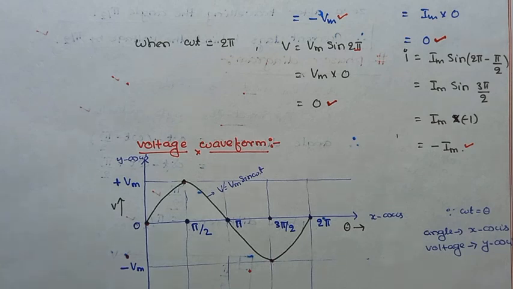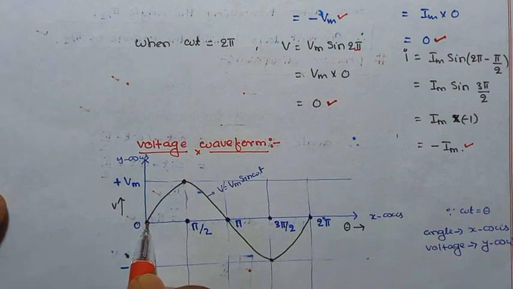Now we'll draw the voltage waveform and current waveform. Just now we calculated that when omega t is 0, V is 0. When omega t is pi by 2, V is the positive maximum value, that is Vm. When omega t is pi, V becomes 0. When omega t is 3 pi by 2, V becomes negative maximum, that is minus Vm.